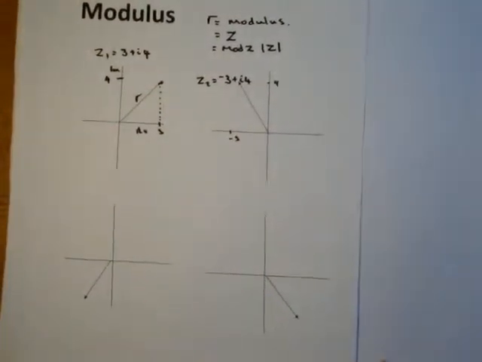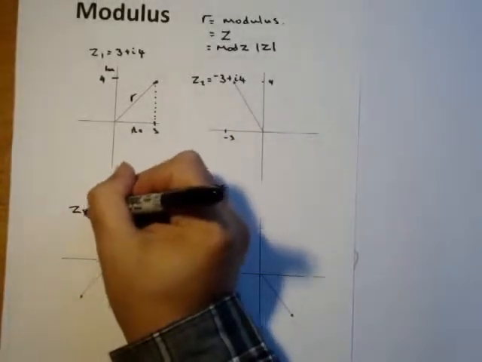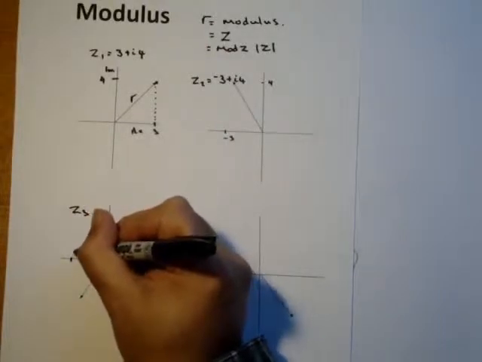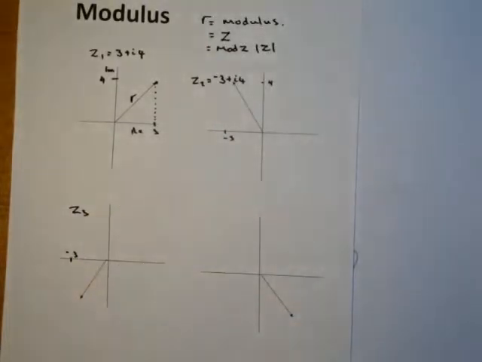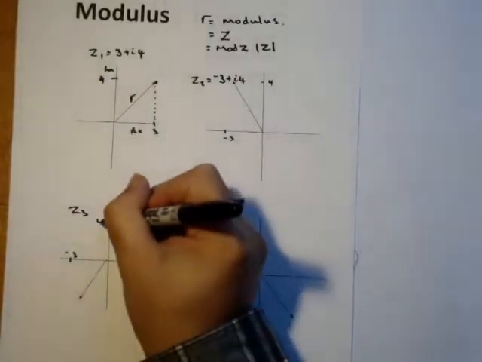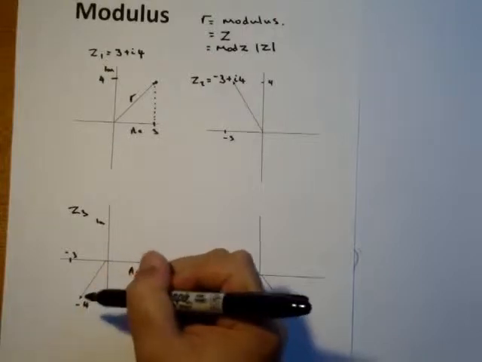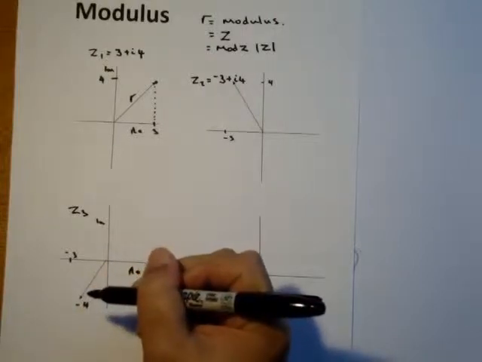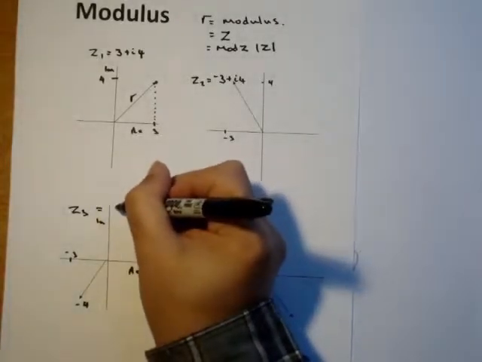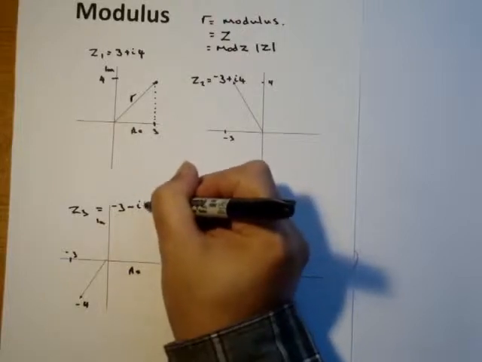On this one, z3, we'd have again minus 3 along the real axis and minus 4 along the imaginary axis. So this would be z3 equals minus 3 minus i4.